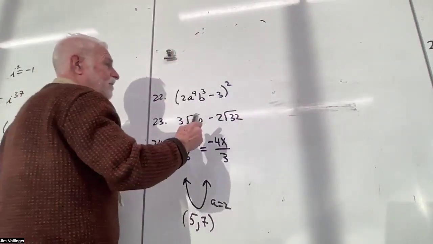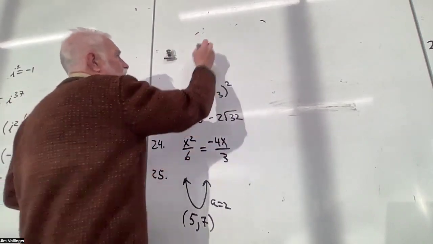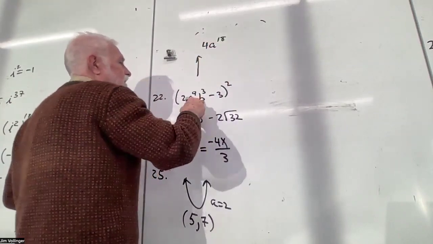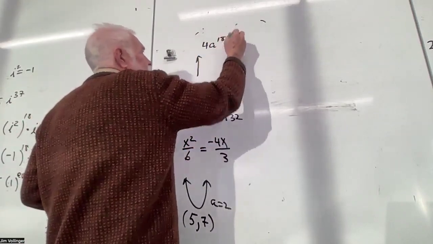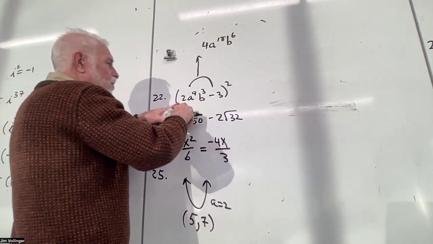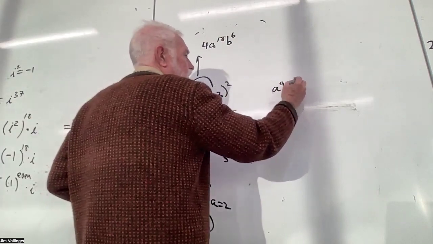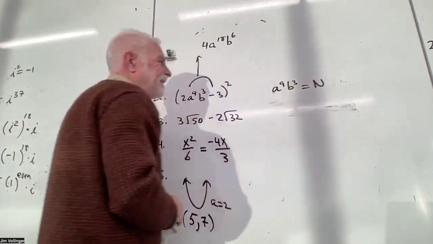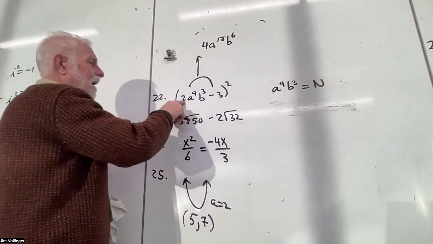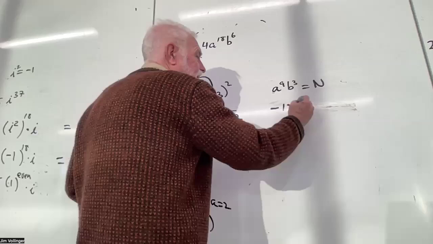Binomial square, same thing. I'm going to square the first term. That's a 4. That's an a to the 18th. That's a b to the 6th. I'm going to double that product. That product is -3 times 2. Let a^9 b^3 equal the number n. Then I would have -6n doubled is -12n.